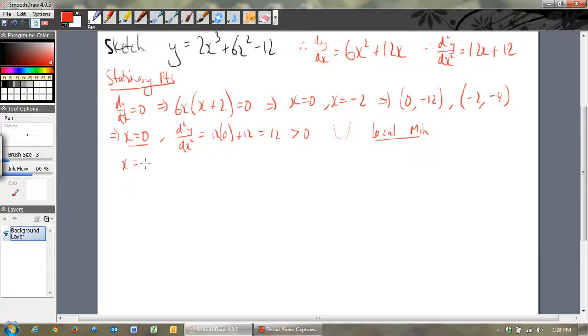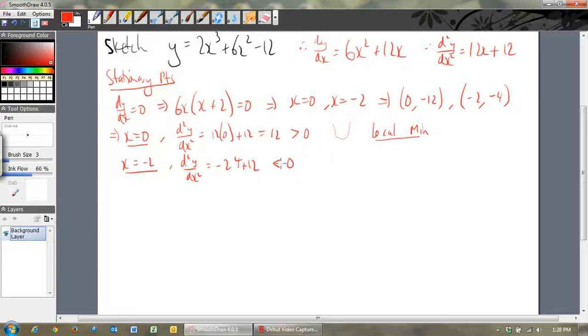Let's have a look when x is equal to negative 2. Your second derivative at that point, when x is equal to negative 2, you'll get negative 24 plus 12. Now that is less than 0, I don't care what it's equal to, but it's less than 0.